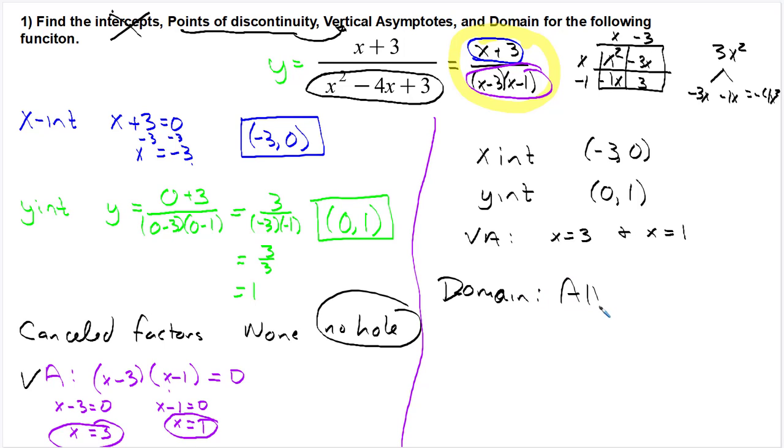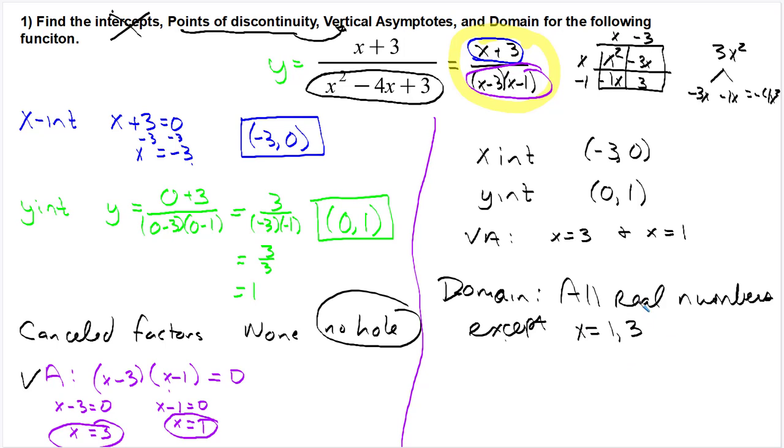All real numbers except when x is equal to 1 and 3.